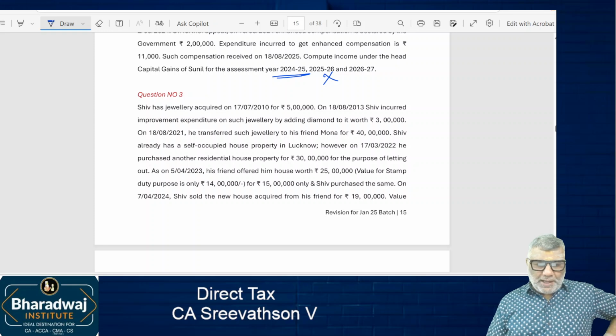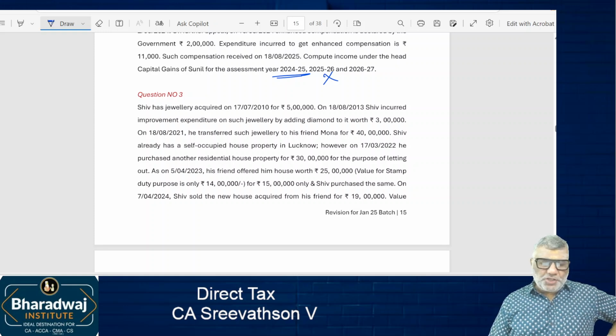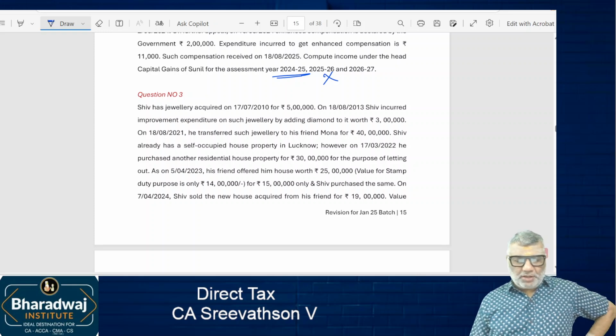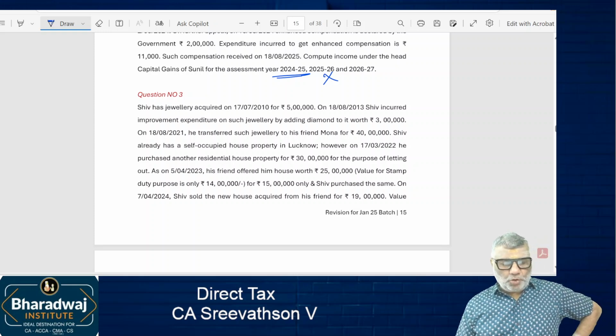Shiv has jewelry acquired in 2010. Shiv incurred improvement expenditure on jewelry by adding diamonds worth 3 lakhs. On 18/8/21, he transferred such jewelry to his friend Mona for 40 lakhs. Shiv already has a self-occupied house property in Lucknow. However, on 17/3/22, he purchased another house property for 30 lakhs for the purpose of letting it out.